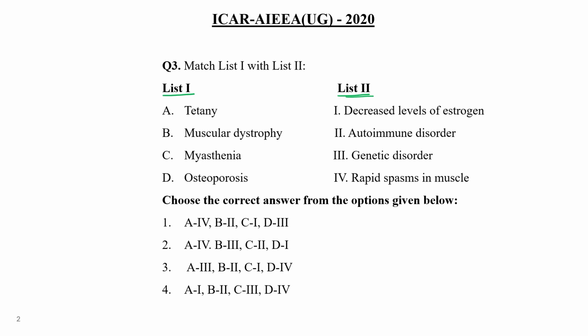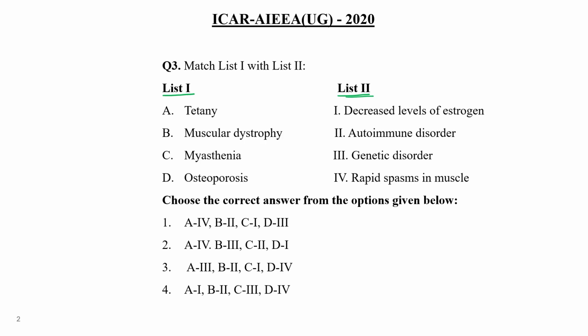So now let's discuss the correct answer. So, D choice, osteoporosis they have given. Osteoporosis is a problem of elderly females. And what is the main reason? Just after menopause, decreased level of estrogen is the main reason for this osteoporosis.